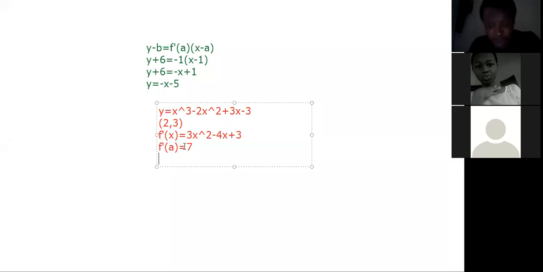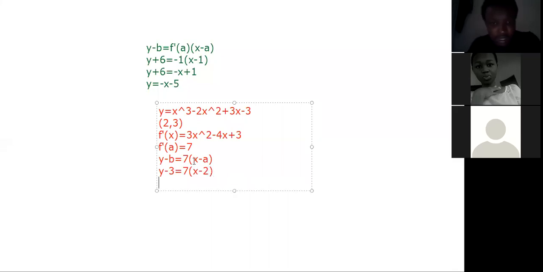From there, we are going to introduce our equation. Y minus b is equal to 7 into bracket x minus a. In other words, y minus our b, which is 3, is equal to 7 into bracket x minus 2.